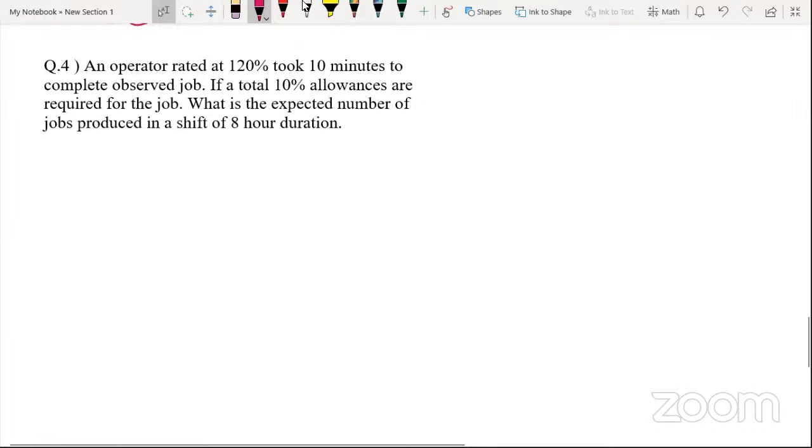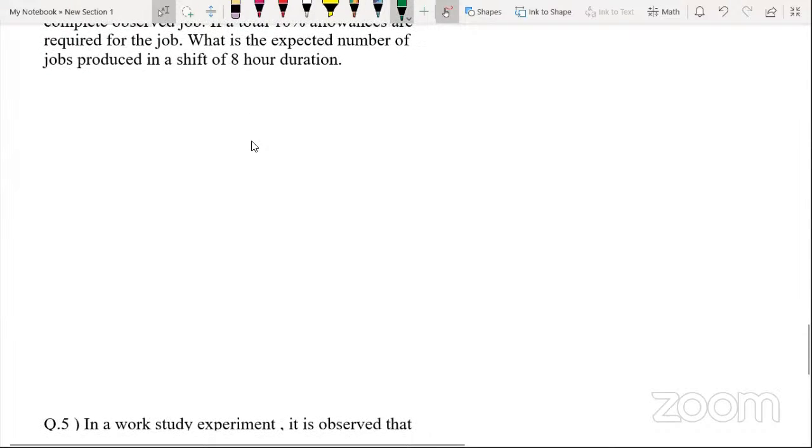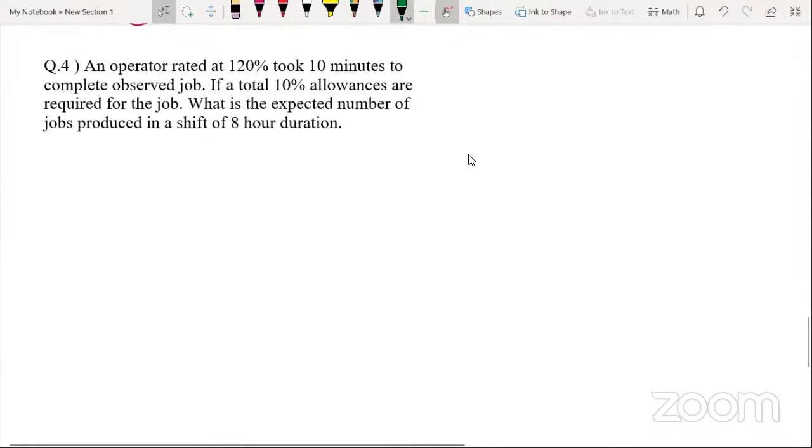The pen is not working. So first we will read the question.